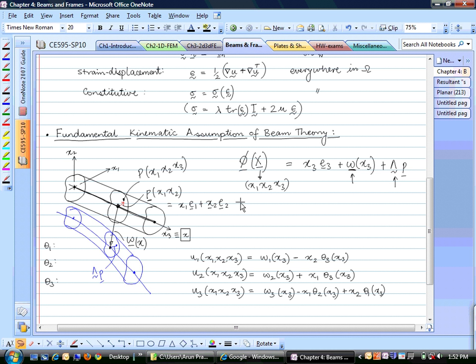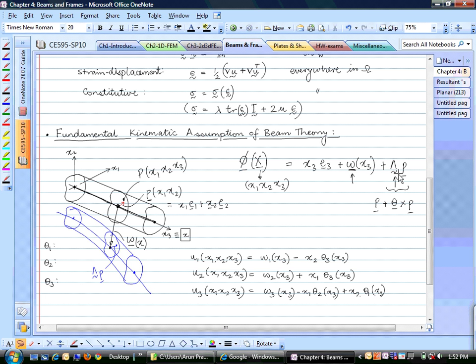Okay, so this would be valid for large rotations also, but if you are dealing with small rotations, small displacements, in that case you can approximate this term. You can write it a little bit differently. For small rotations, this term can be written as P plus theta cross P. And the idea is that this rotation tensor is basically taking some rigid body.